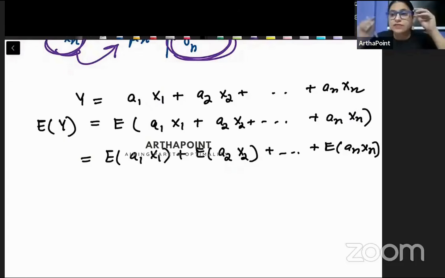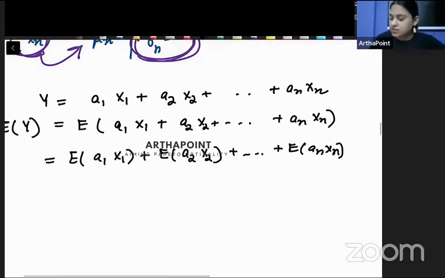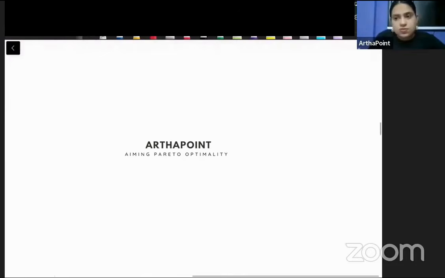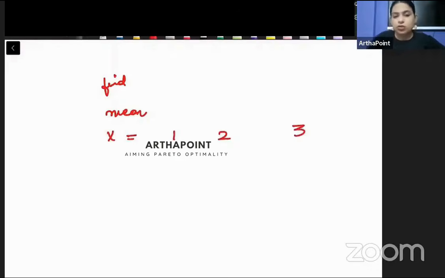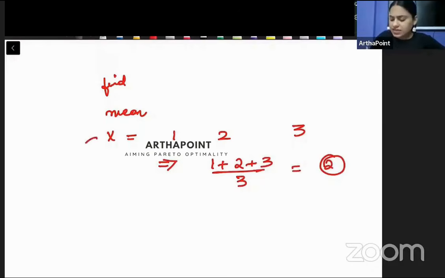बेटा whenever we have a constant, देखो ध्यान से समझने की कोशिश करो. Suppose मैं बोलती हूं आपको कि find the mean of this 1 2 and 3. तो 1 2 and 3 का जब आप mean निकालोगे, we know it is going to be 2. अब मैंने क्या बोला, मैंने बोला मैं इस x को ना एक number से multiply कर रही हूं. I am multiplying each x value by 2, so this becomes 2 4 and 6.